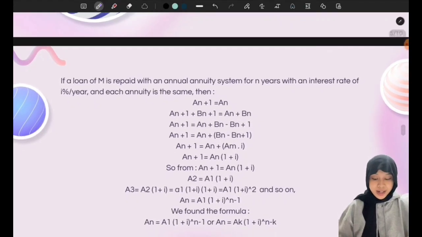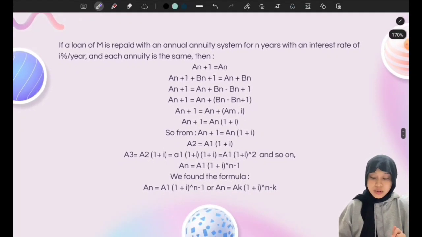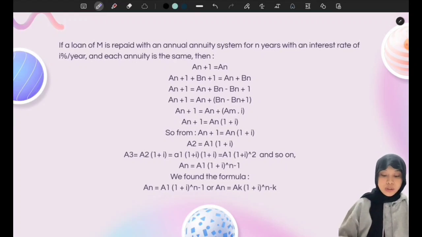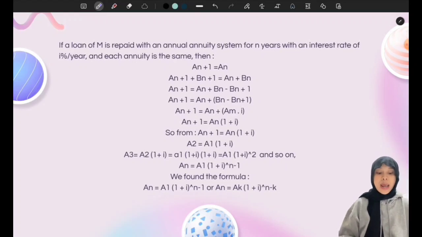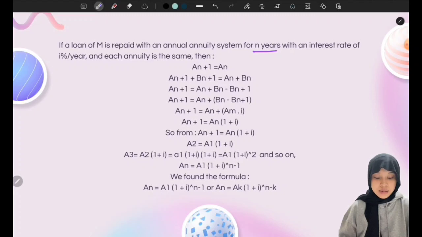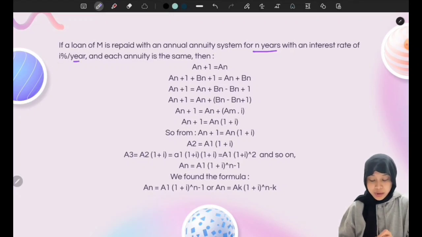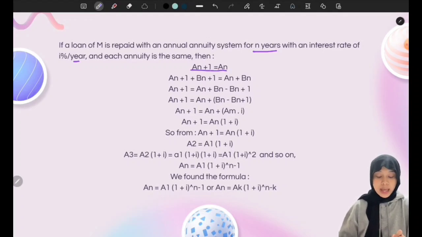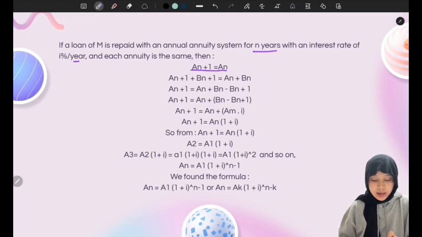If the loan of M is repaid with an annual annuity system for n years with an interest rate of i percent per year and each annuity is the same, then A(n+1) equals An. A(n+1) is A(n+1) plus B(n+1), and An itself is An plus Bn.